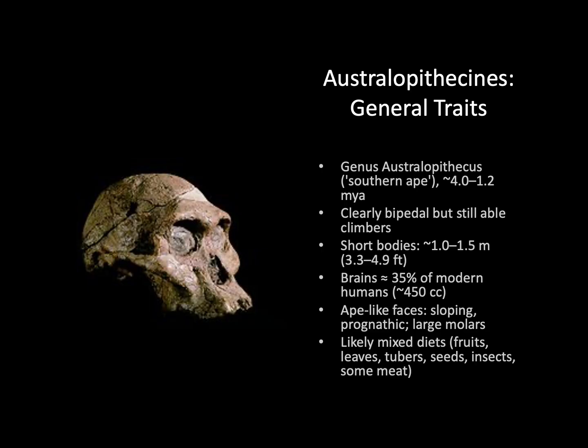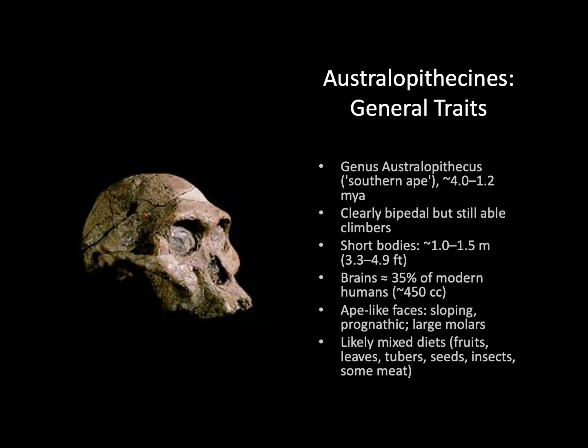They're more in line with modern gorillas or chimps than with us. If you were to meet one, for example, in a time machine, you would not mistake an Australopithecus for a modern human. And you wouldn't get them mixed up because their faces tend to be ape-like.